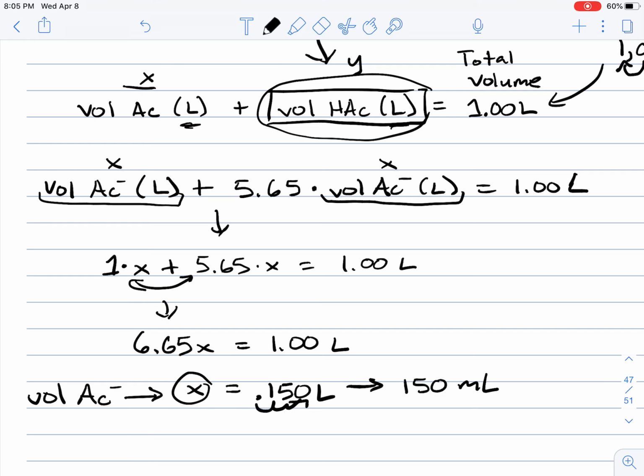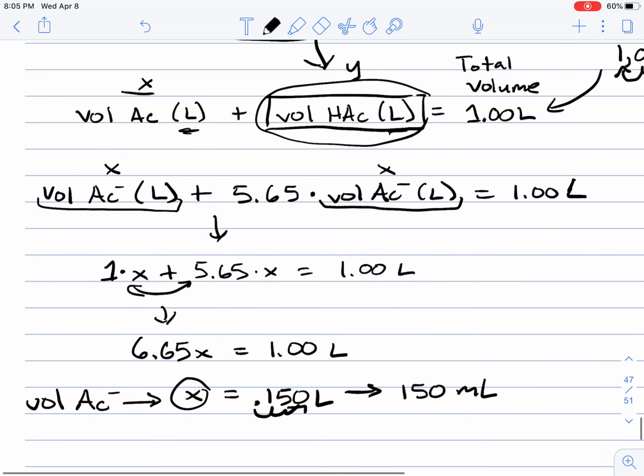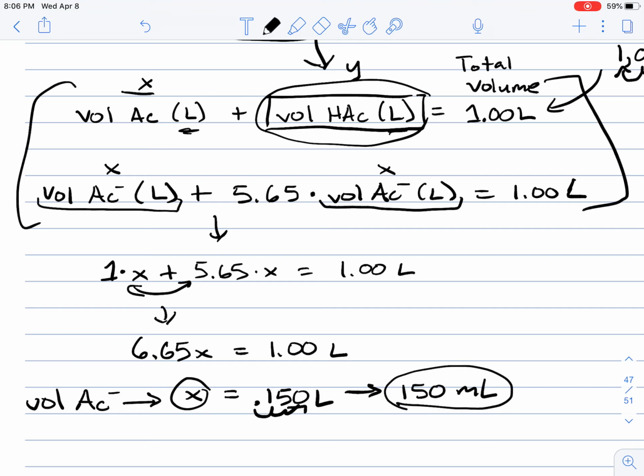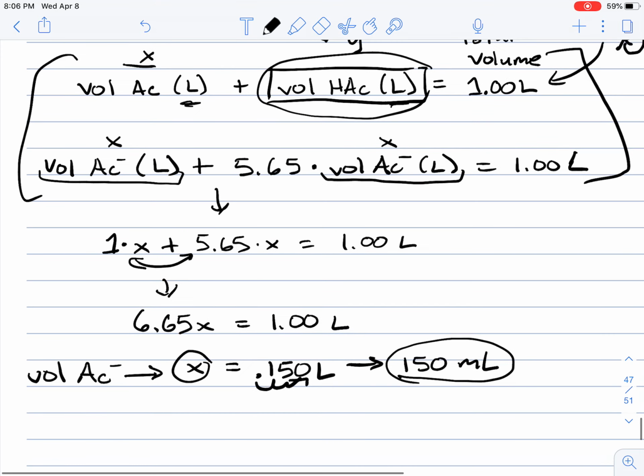By substituting in these two key equations, one from the Henderson-Hasselbalch equation and the other just from thinking about the concept of the problem, I'm able to determine the volume of acetate that I need to put into my new beaker.